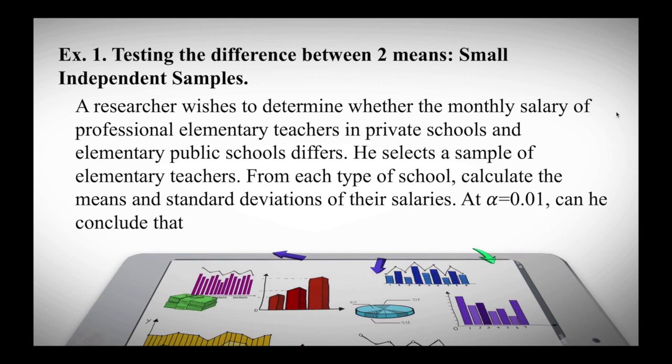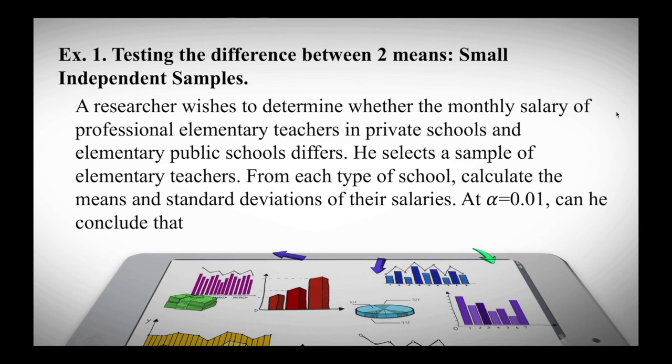Titingnan niya, Tagalogin natin, titingnan niya kung meron daw bang pagkakaiba, different ba yung salary ng mga elementary school teachers between the public schools and the private schools. So, he selects a sample of elementary teachers, and from each type of school, calculates the means and standard deviation of their salaries.